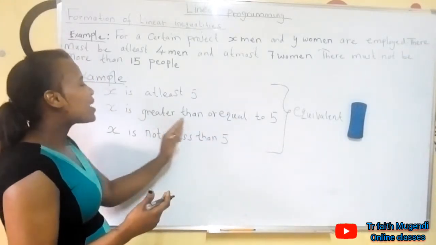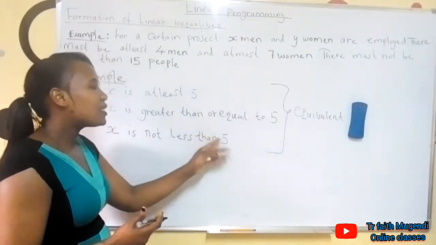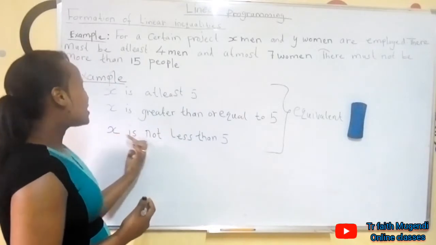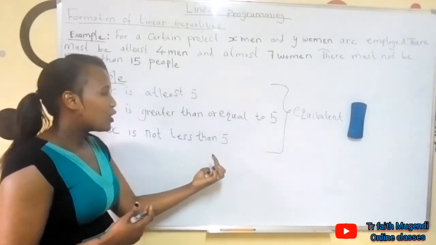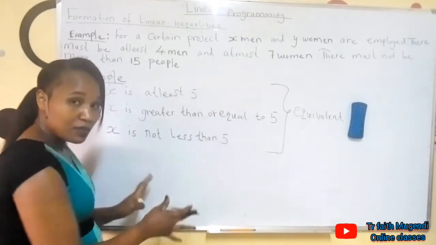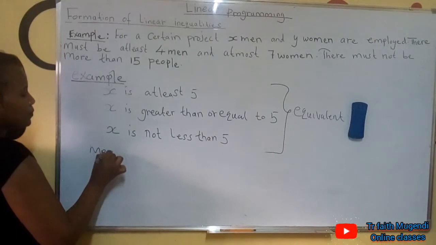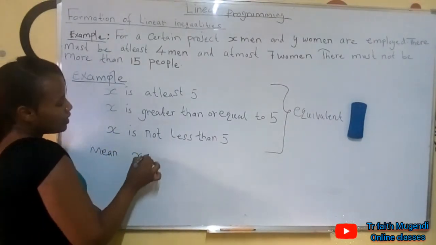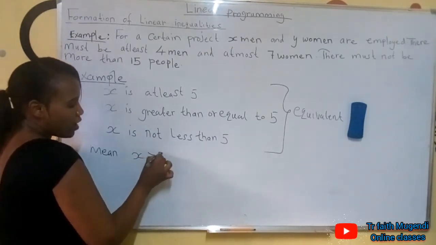X is greater than or equal to 5, so it means that 5 is included, and X is not less than 5. So these three statements mean the same, and therefore they mean that X is greater or equal to 5.